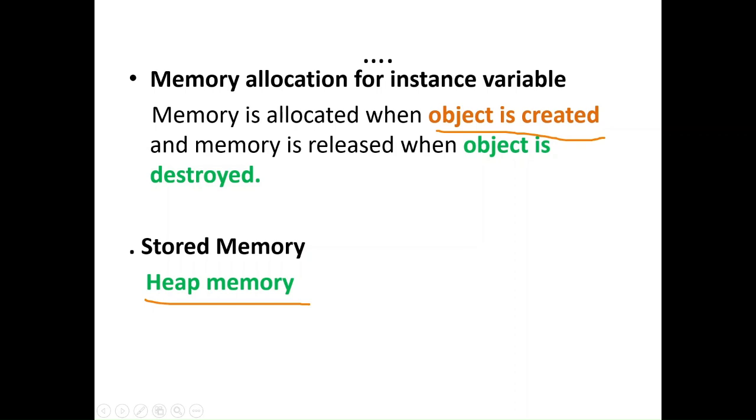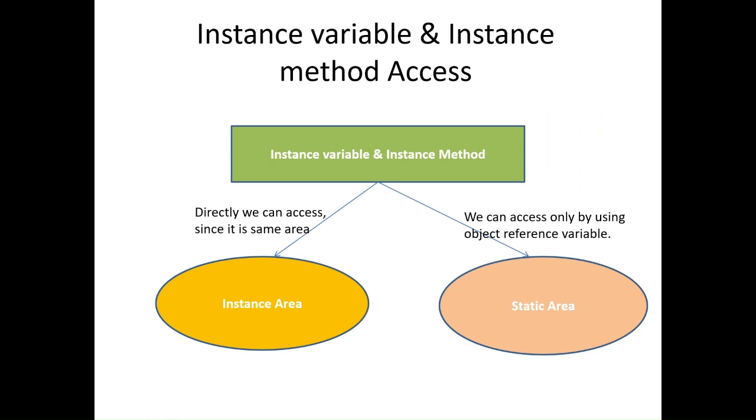So this is an in-depth understanding about each and every variable. In the previous case, memory is allocated when you call the method for execution, and once the method is completed, memory is released. For an instance variable, memory is allocated when the object is created. Object creation is very important in a Java class, because everything inside the class needs an object, so we have to create one. By that time the instance variable memory is allocated and stored in the heap memory. Fine. An instance variable or instance method can be directly accessed in the instance area.